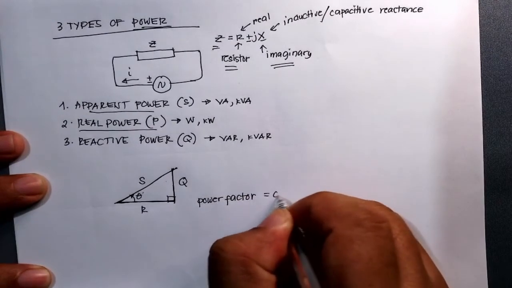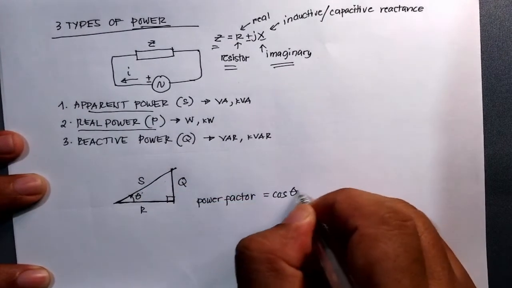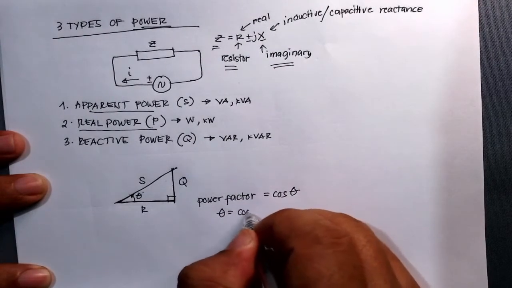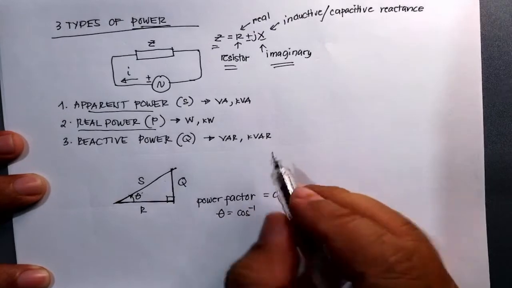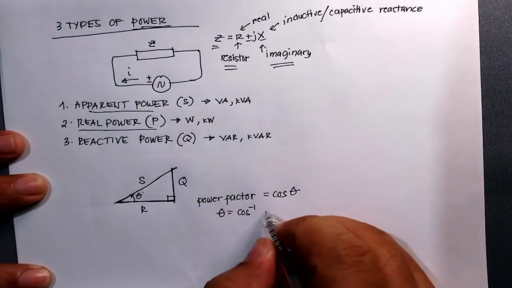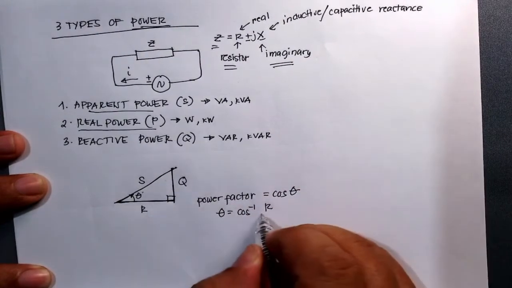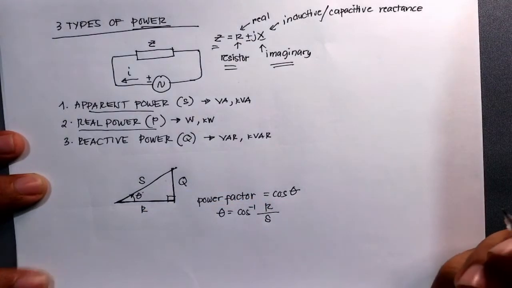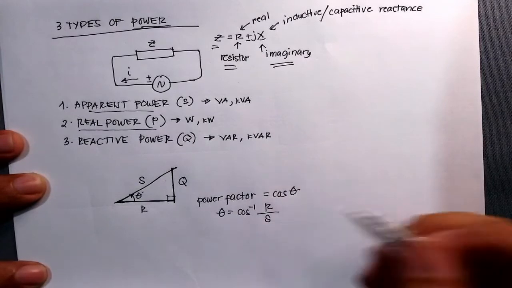The cosine of this theta is your power factor. Therefore, to get the angle, you get the inverse cosine of your R, which is the adjacent side, over the hypotenuse, which is the apparent. Okay, so this will be your power factor.